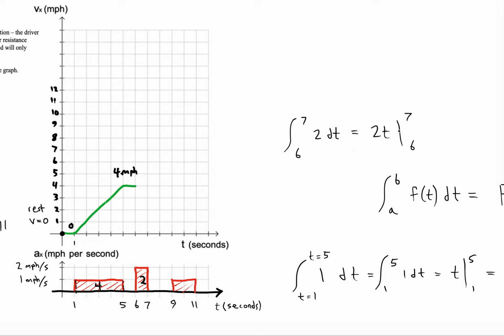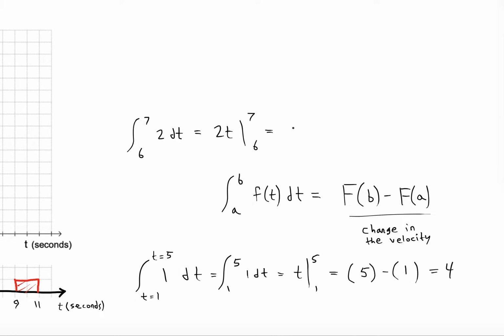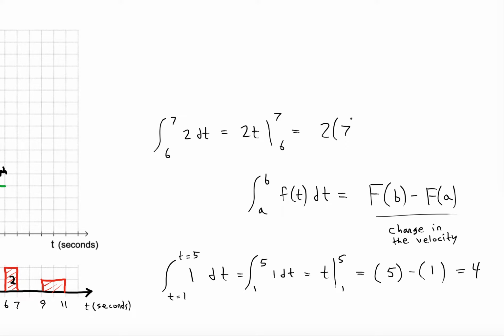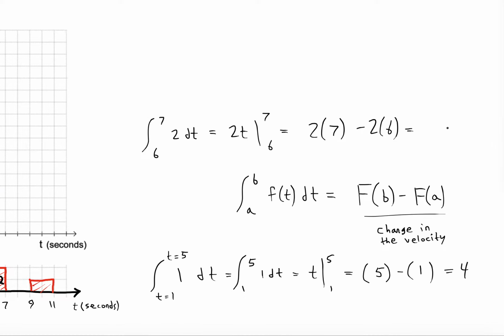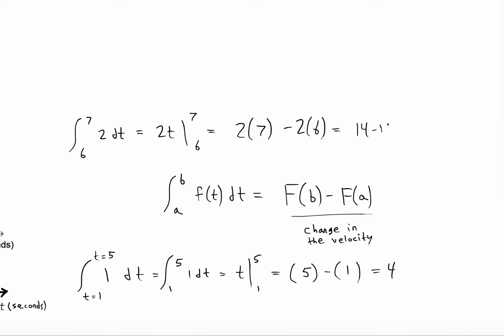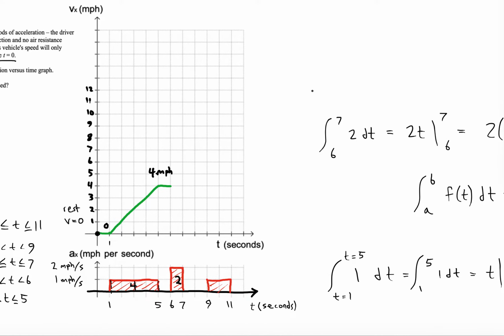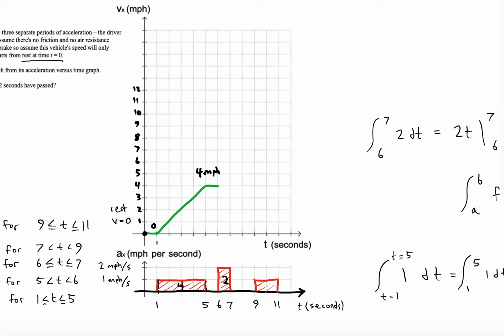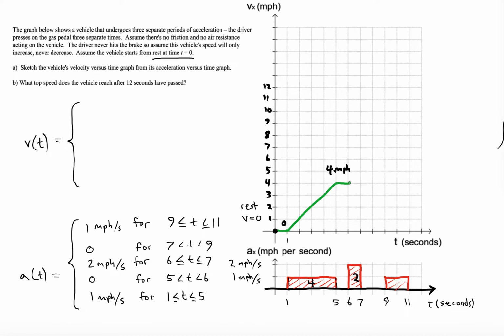Write our limits next to this line here. And then we plug in. 2 times 7 minus 2 times 6. 14 minus 12. 2. Alright, so we got to have our velocity rise with a value of 2 miles per hour.